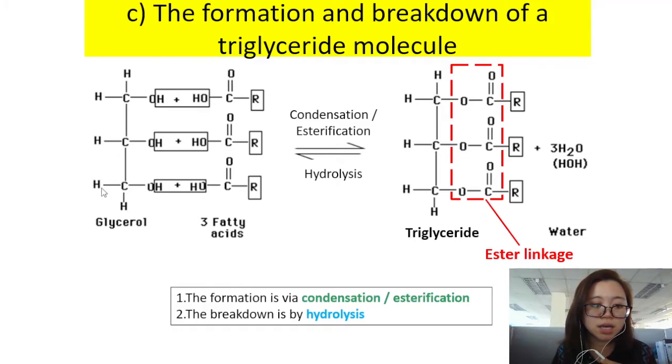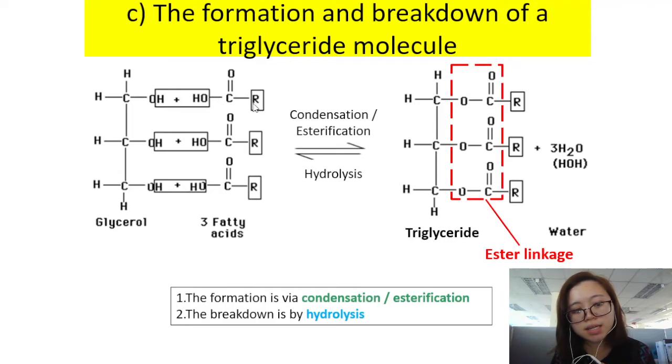So this is the process or the formation of triglycerides. Just like what we did with the diagram in carbohydrates, okay, kita perlu ambil H sebelah sini, OH sebelah sini, lukislah garisan putus-putus, and then you will get this.